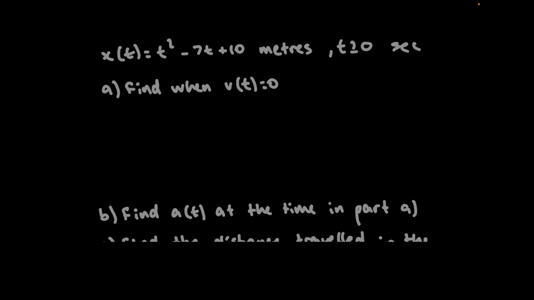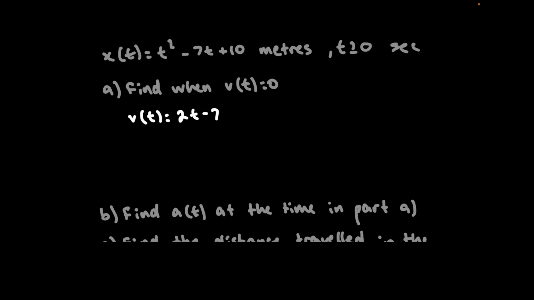The derivative of displacement is simply going to be the velocity. When we work that out, we get 2t take 7. And we want this equation to equal 0. So 0 equals 2t take 7. So t is simply equal to 7 on 2 seconds, or in other words, 3.5 seconds.